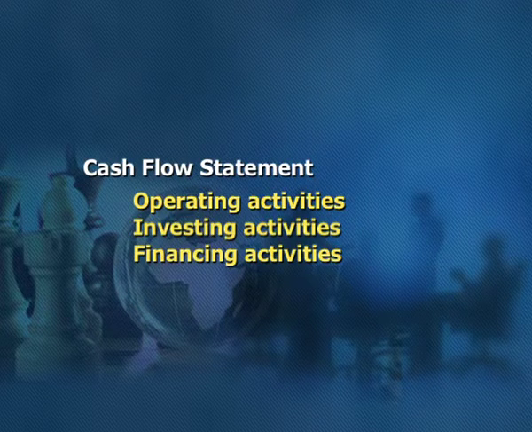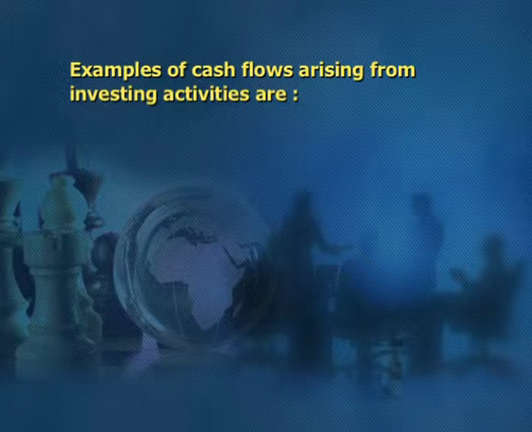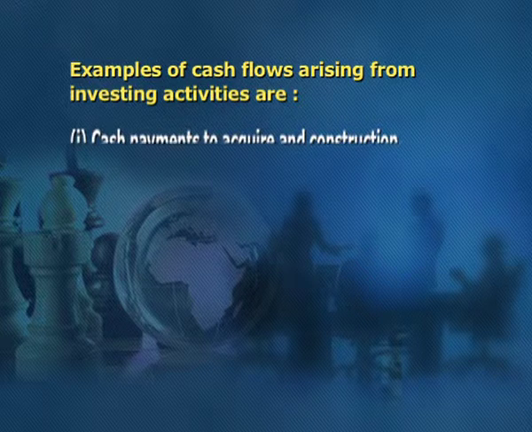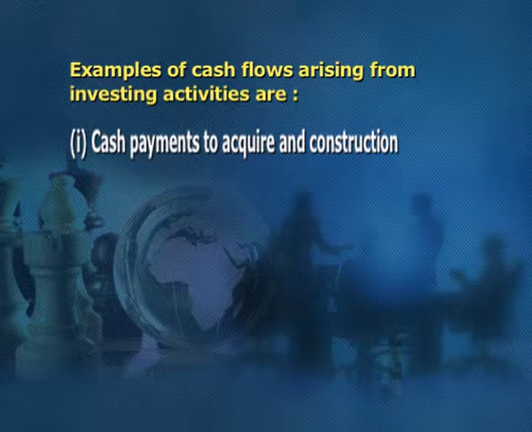Now, the next topic is investing activities. This includes activities related to acquisition and disposal of non-current assets and non-current investments. Some examples of cash flows arising from investing activities are: first, cash payments to acquire and to construct fixed assets, including intangibles.